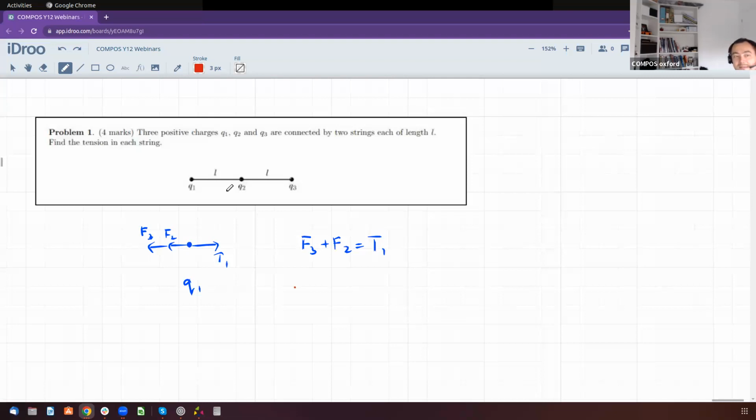Could it? There's so many forces. How do we know that F2 and F3 are balanced by T1? Honestly, it's not a very difficult question. And Vanessa, you're thinking in the right way. Oh, I believe that's Ben, right? If I'm correct.